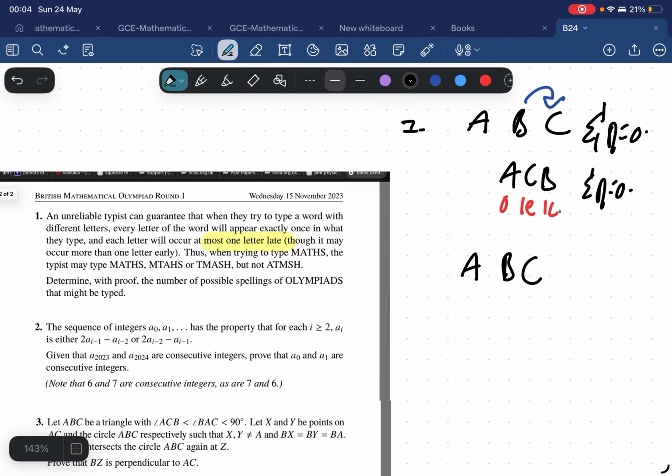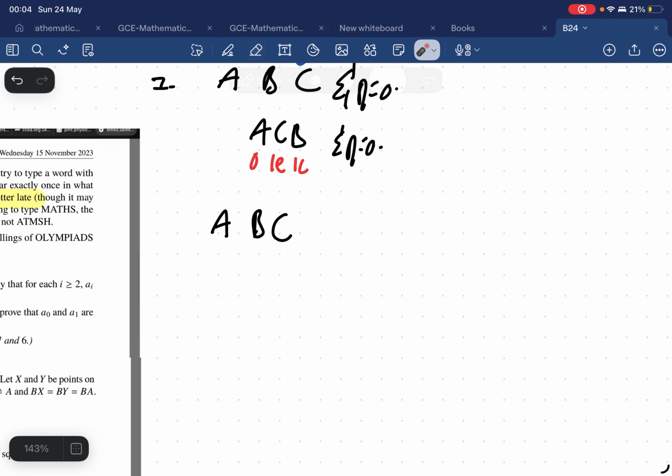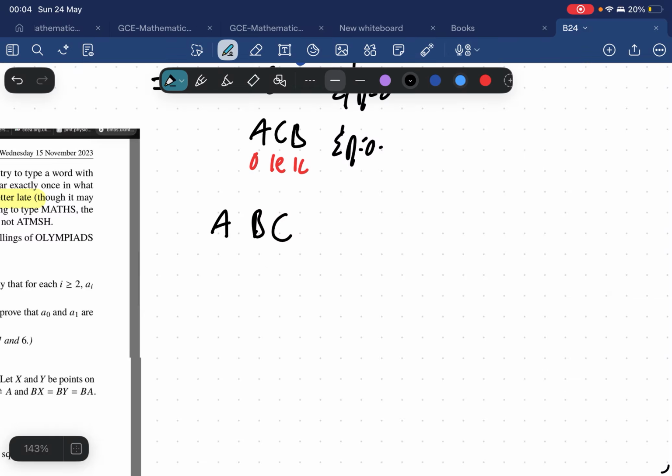So the position that A can be in is either there or there, where C can be there or there or there. So we can see that we have 1 degree of freedom, 2, and just that there. Then we have 3 degrees of freedom.